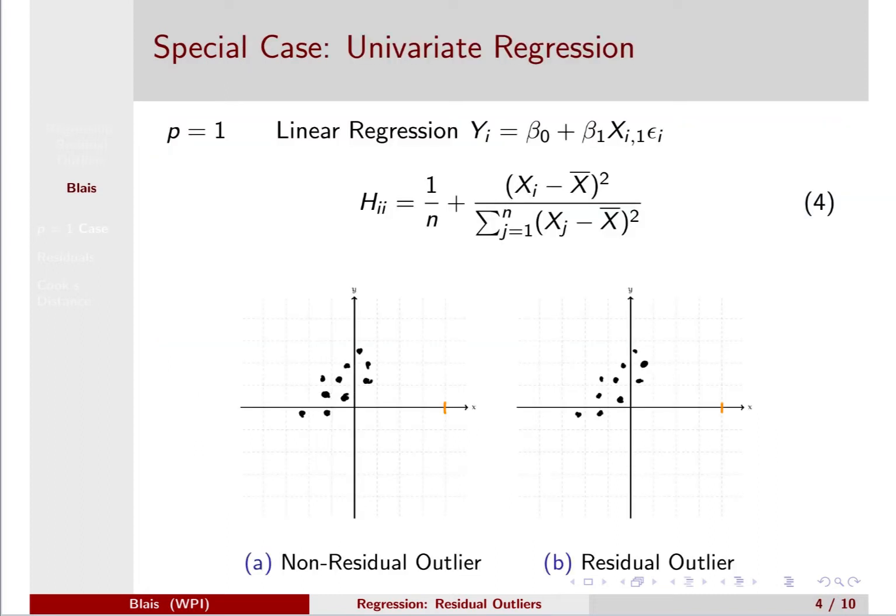We now have to think about what happens when we look at the response. And so recall that we looked at this case where suppose we have the same scatter plot here and here, and then we have a point that has a high leverage.